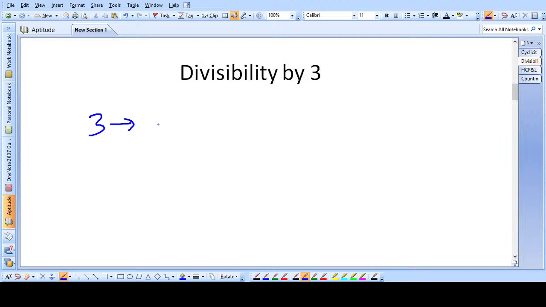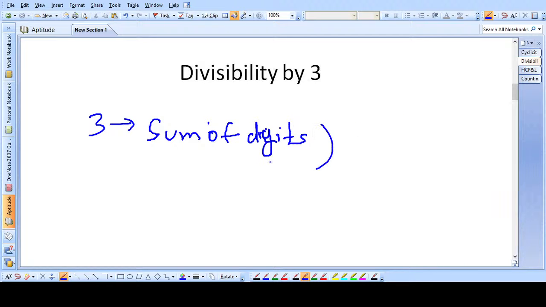For 3, the sum of all the digits of that number, this whole sum, should be divisible by 3, sorry, okay.